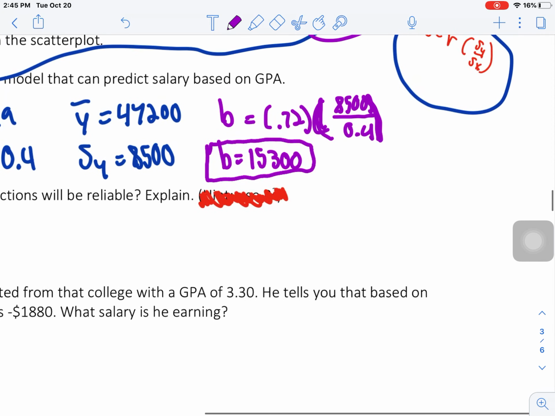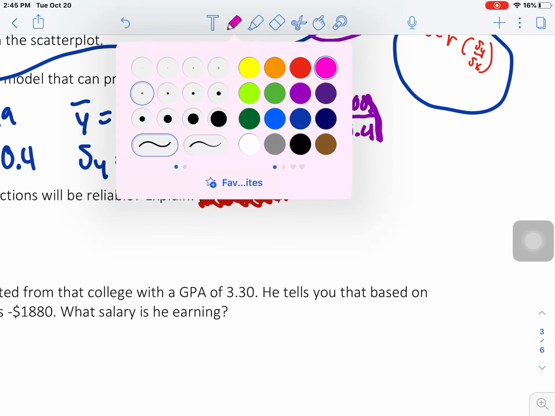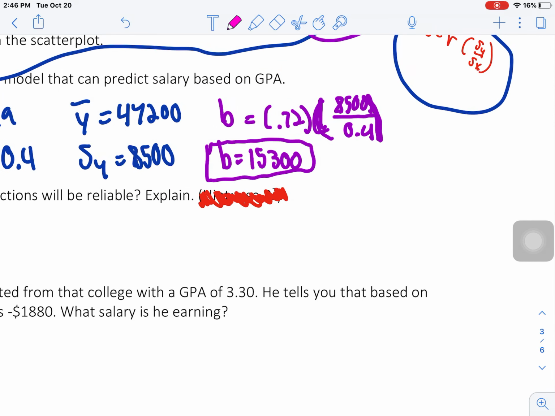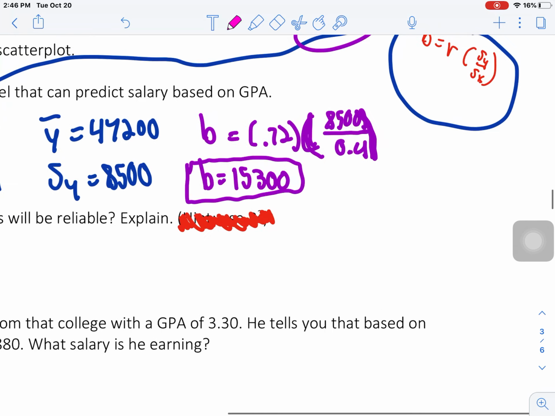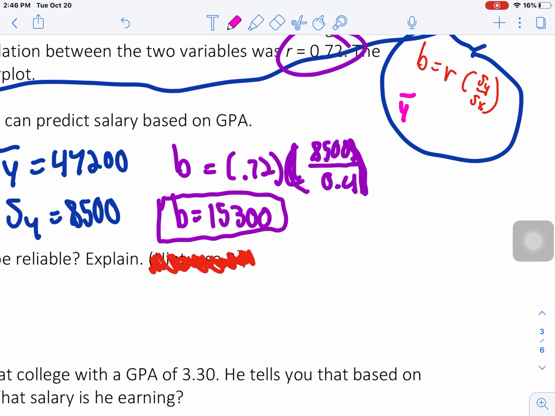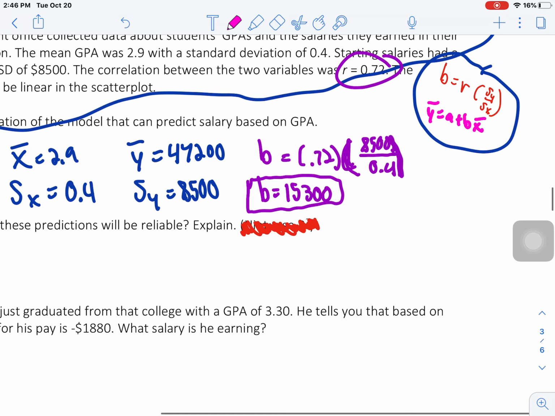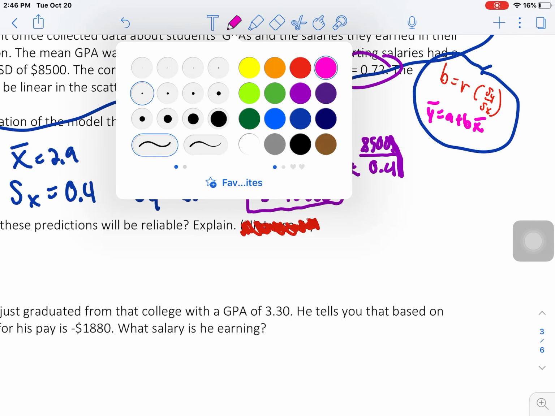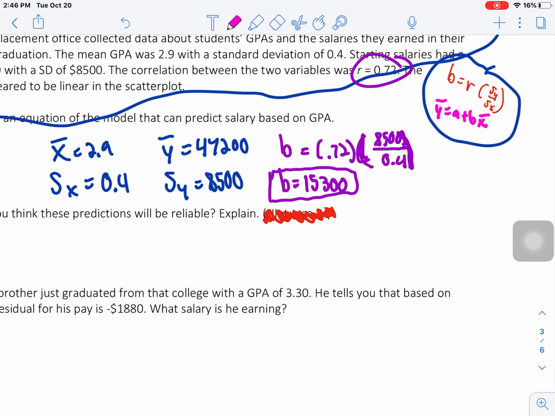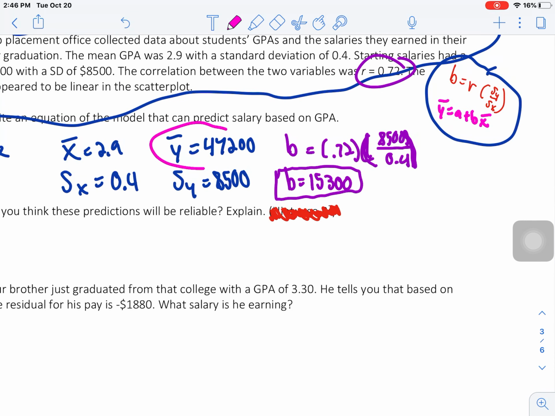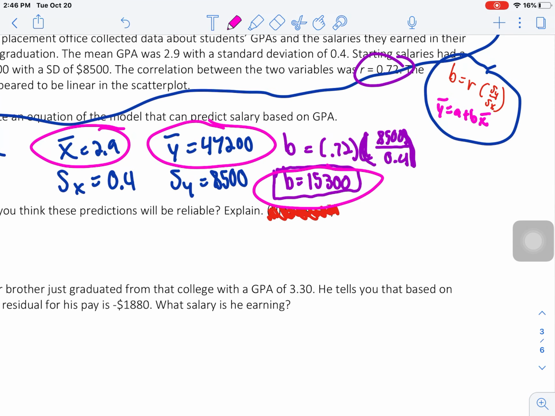All right, fantastic. We have the slope, but we still need the y-intercept. We still need a, and that's where we have to use this other equation. I'll put it in pink. If you remember, it's y bar equals a plus bx bar. In other words, if you have the y average and the x average, you can plug that point in and solve an equation. So we have y bar, we have x bar, and we have the slope. We can plug those three things in and solve for the y-intercept.